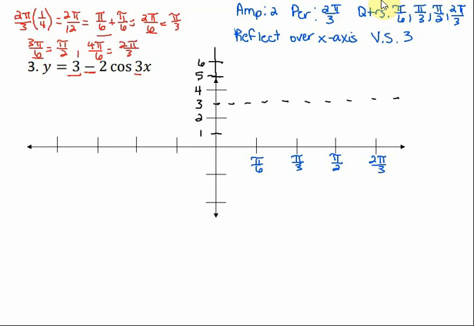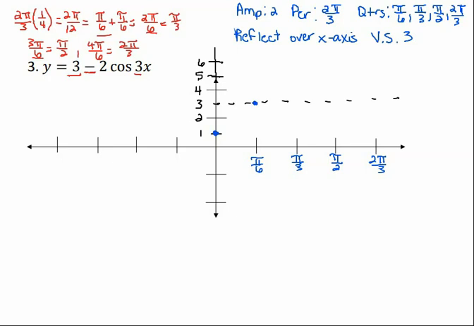So since it's reflected, it would start at -1, but since our graph is shifted up 3 spaces, and it has an amplitude of 2, we're going to go from our imaginary x-axis here at 3, and we're going to go down 2 spaces. So our graph is going to start at +1. And then cosine would normally go to 0, and so we're going to go up to 0 instead of down to 0, which in this case is 3.